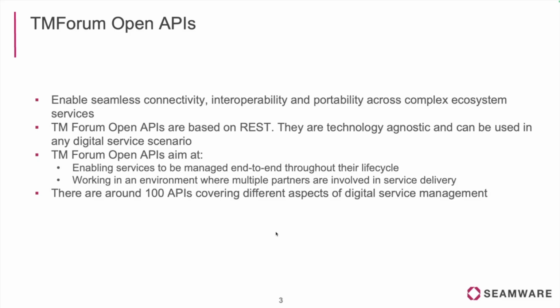The TM Forum APIs in general are just REST APIs, so they are technology agnostic and can be used in any digital scenario. The different TM Forum APIs are not focused on a particular use case, but they try to solve the general problem of service catalog, service procurement, and service monetization.